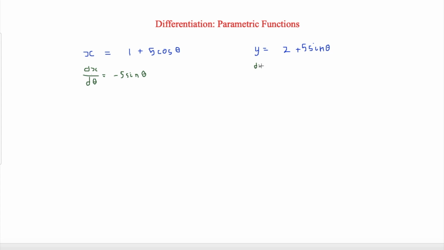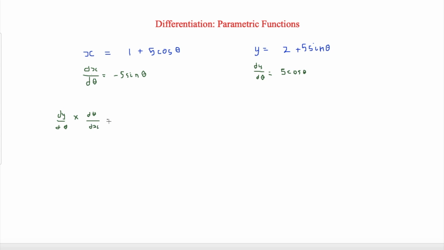dy over d theta is equal to 5 cos theta. So therefore, we have dx over d theta and we have dy over d theta. This means that we need to do dy over d theta times by d theta over dx.